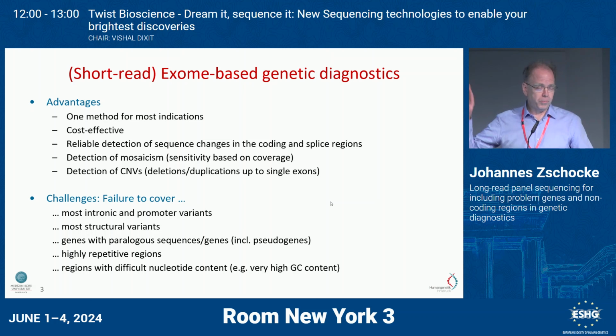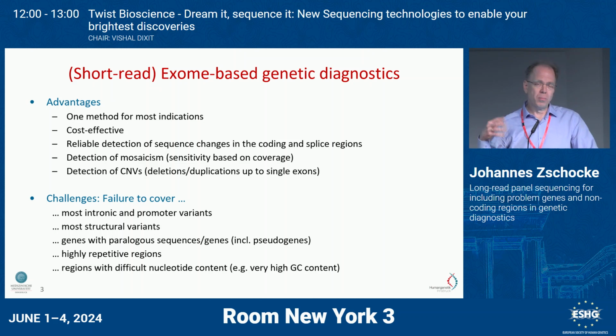So just to repeat what you all know, we do a lot of the diagnostic work for Austria, and we do most of it by short-read exome. It's a cost-effective, fast, well-established method, very reliable, high quality, but there are important challenges. You cannot get the intron or promoter variants usually.